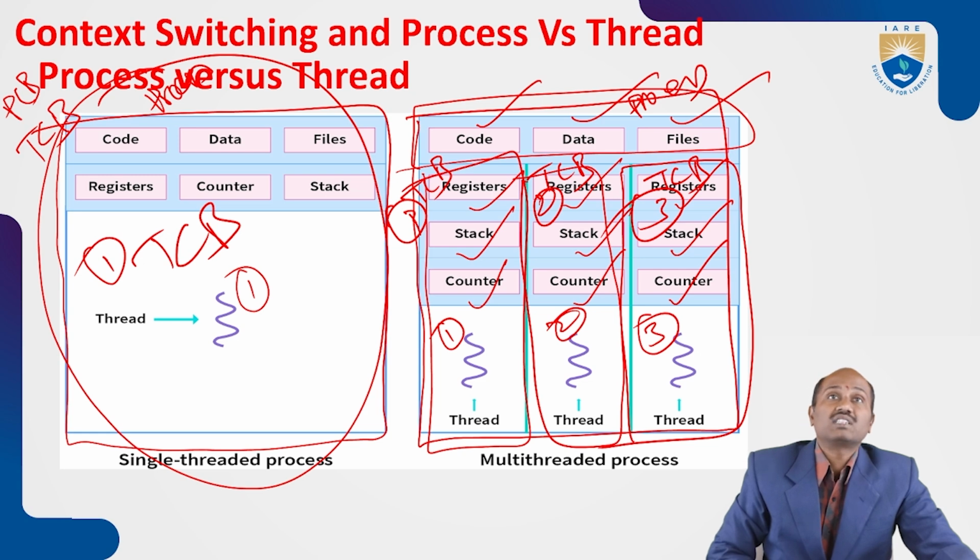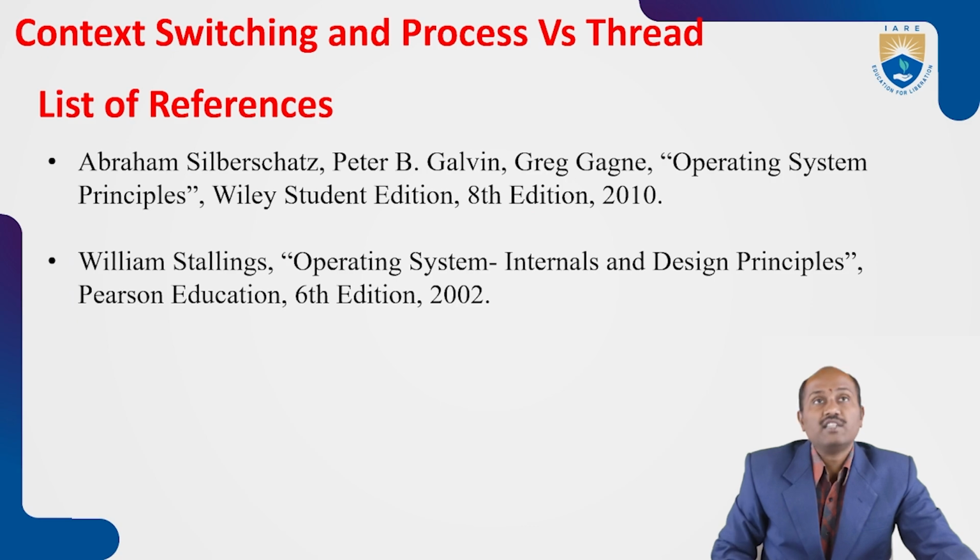And a process consists of many threads, and how the threads perform we saw in this video, as a thread control block. A thread control block consists of register, stack and counter. If one thread, it is a single thread process. If many threads consist, it is called a multi-threading process. As seen in this video, we saw process versus thread.